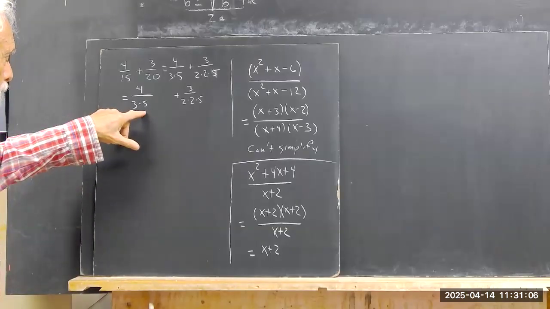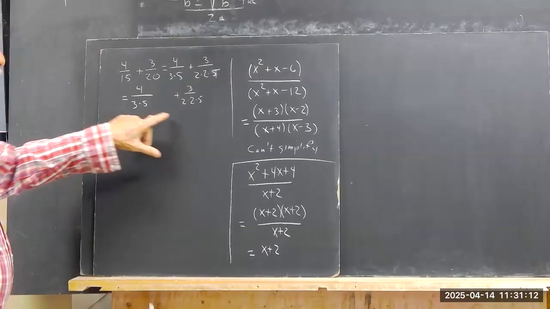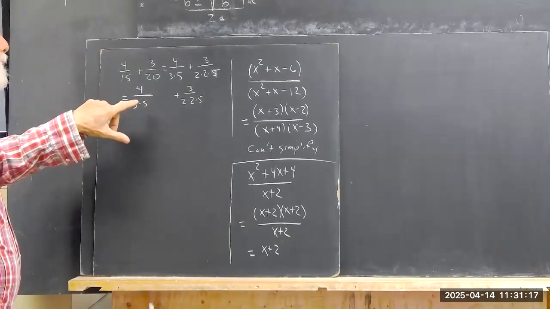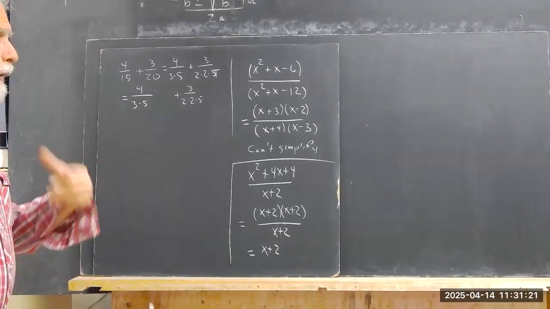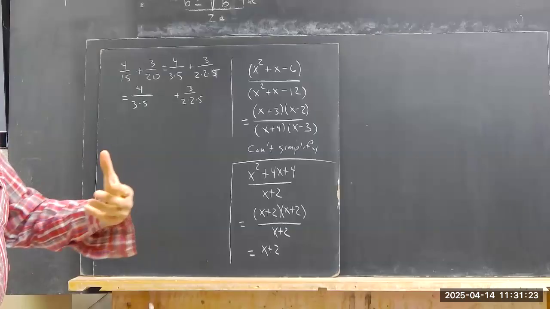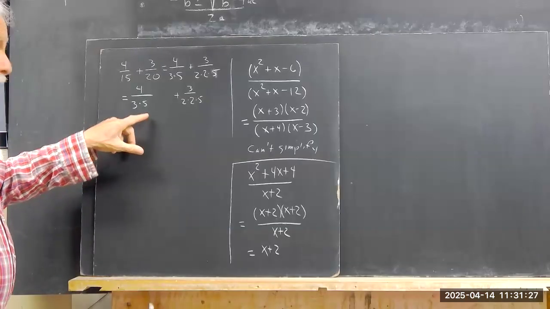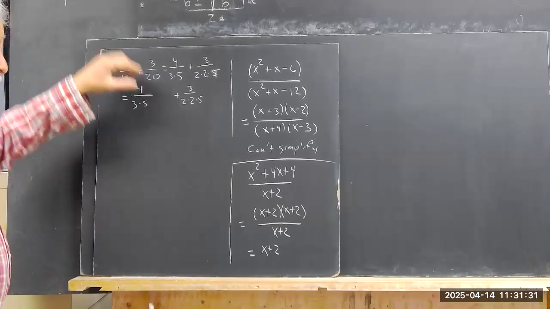If the 3 times 5 and the 2 times 2 times 5 are going to end up with common denominators, what does the 3 times 5 need? It's got the 5, but it needs 2 times 2.